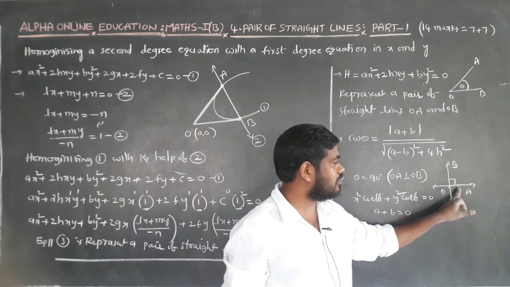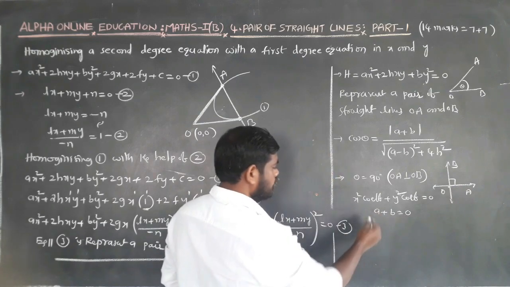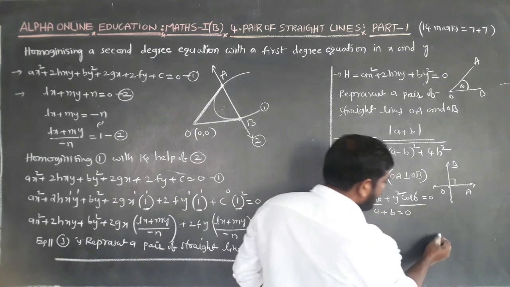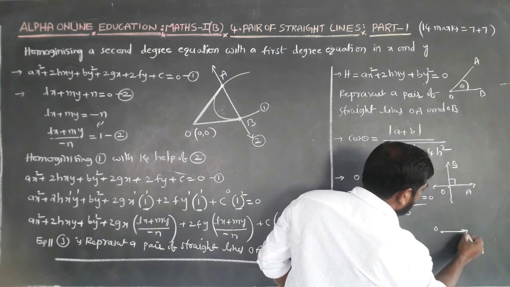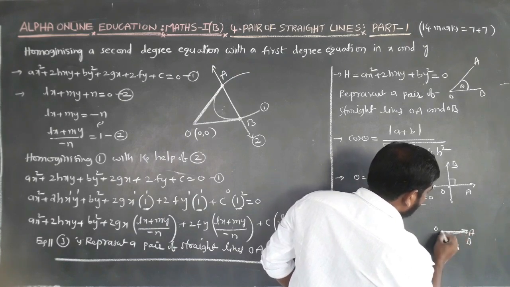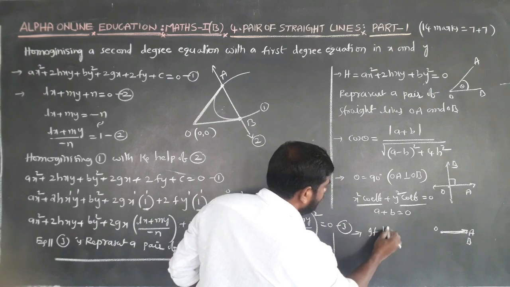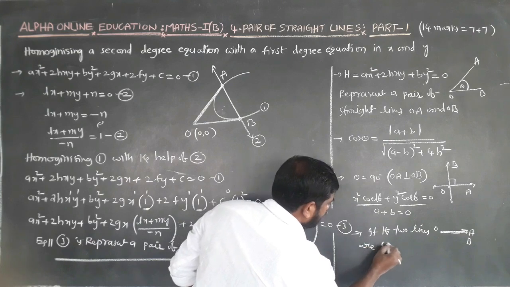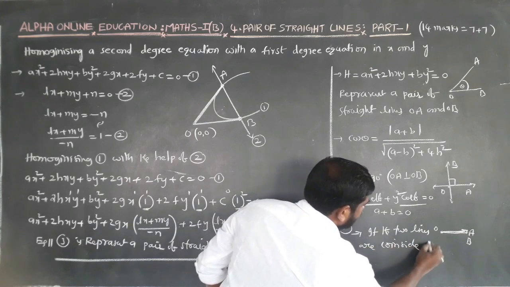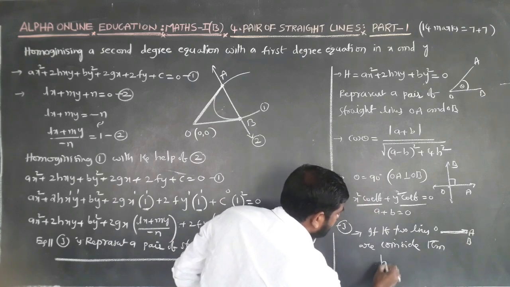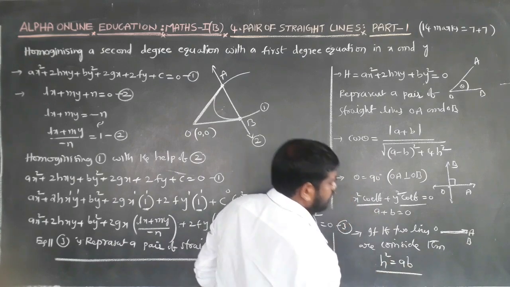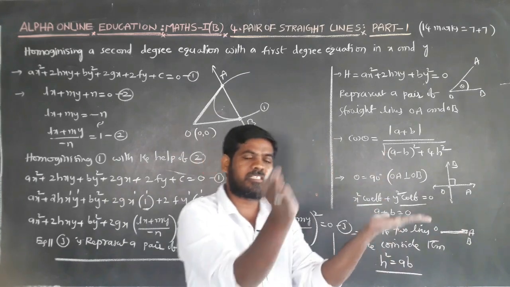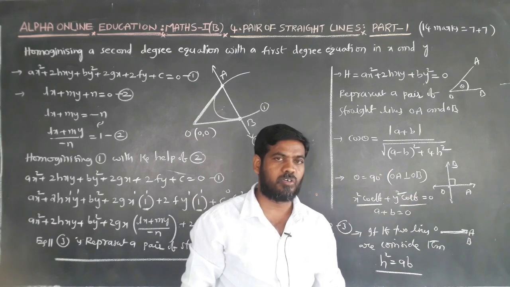If the two lines coincide, then h square is equal to ab.